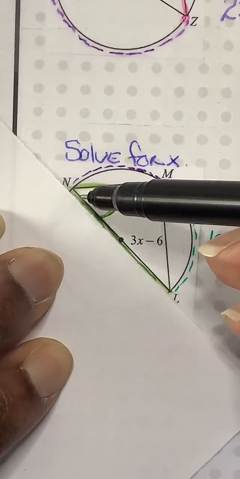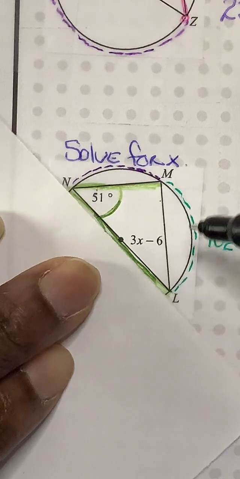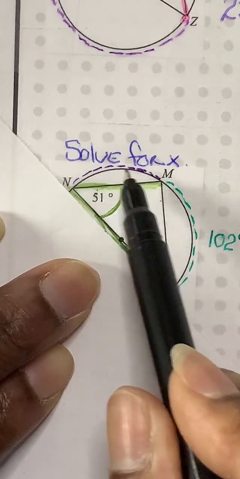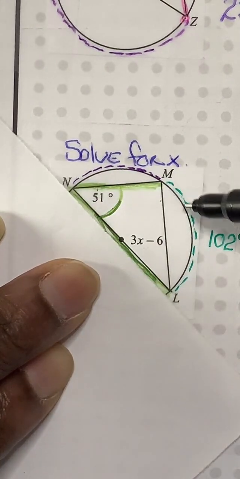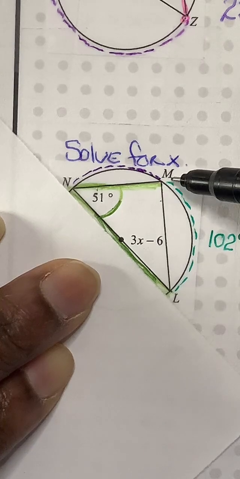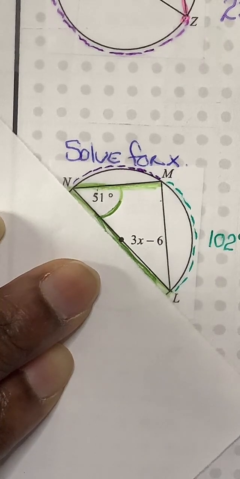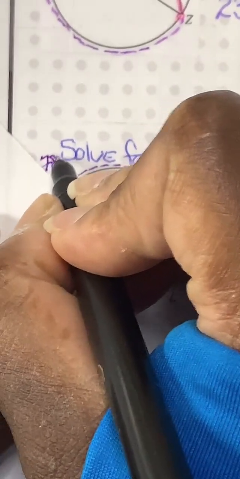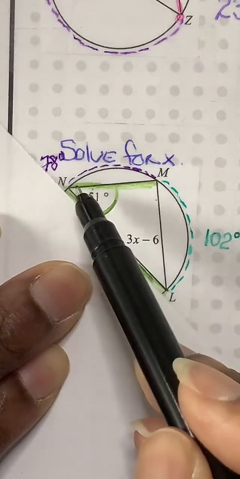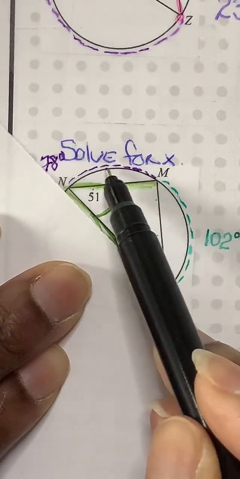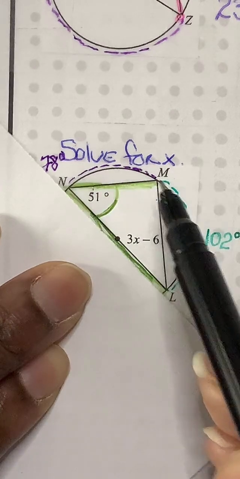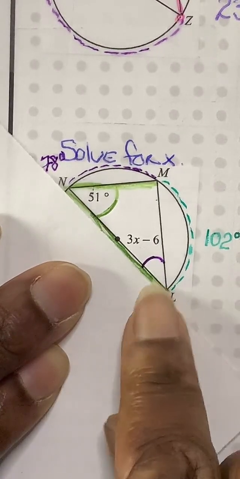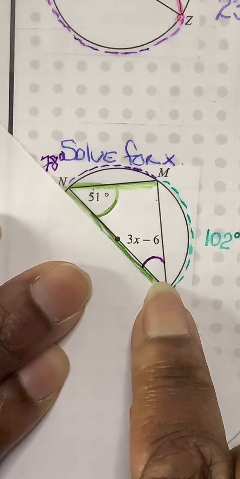Since we have the diameter, that means this whole side of the circle is going to equal 180 degrees. We know part from here to here is 102, so 180 minus 102, that's how we got our 78. So if the measure of this arc is 78, how many degrees should this angle be?